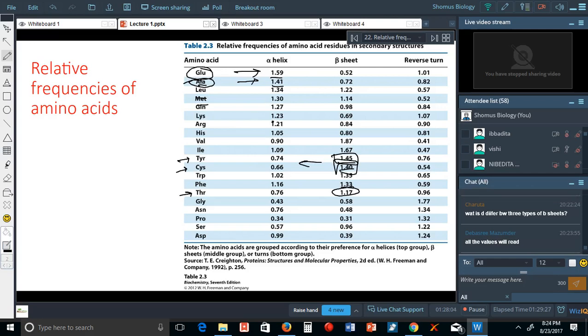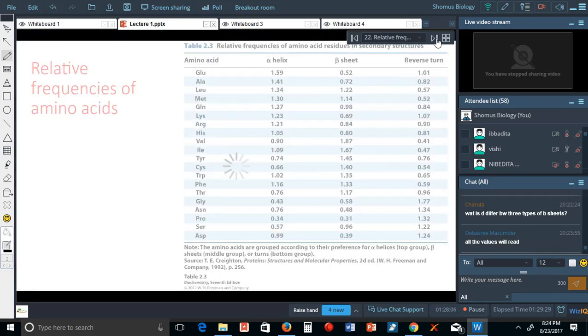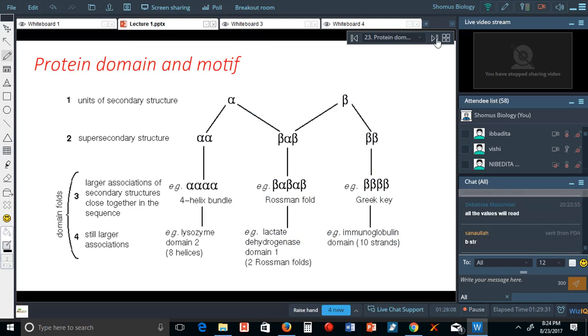We can predict that the protein is mostly going to form a beta sheet, because most of the time those amino acids are much more allowed to form a beta sheet rather than an alpha helix. It's not that they are not going to form any alpha helix. They may form alpha helix, but they're much more favored to form beta sheet.